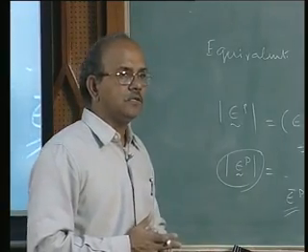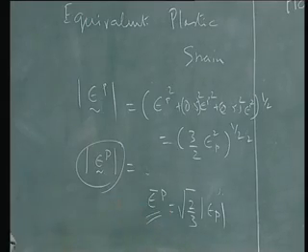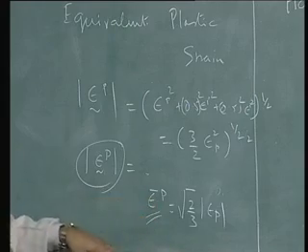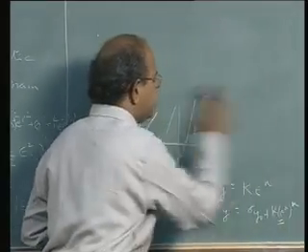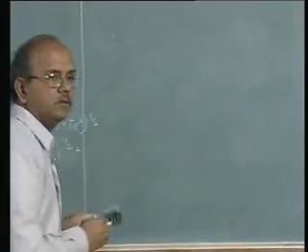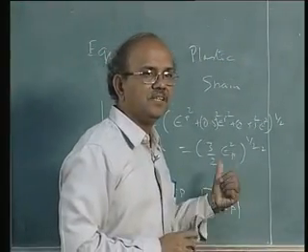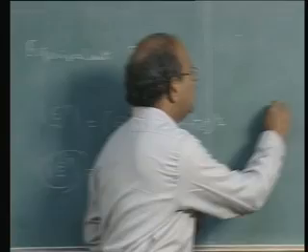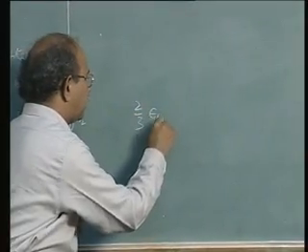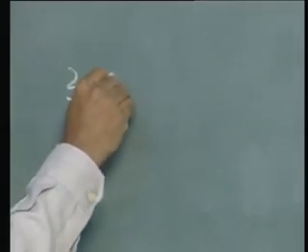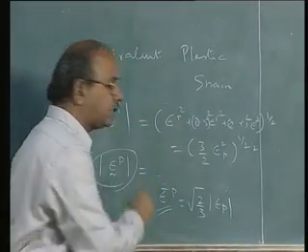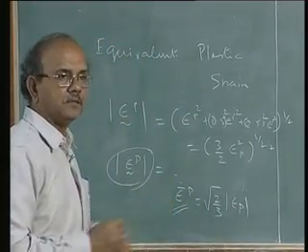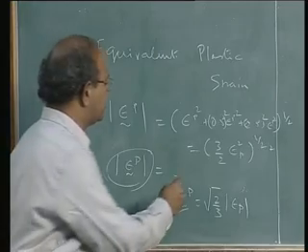In other words, this particular combination, which in indical notation can be written as 2 by 3 epsilon dot ij p, whole power half. In fact, I should put the equivalent now with a dot, because what we have been looking at is with the dot.